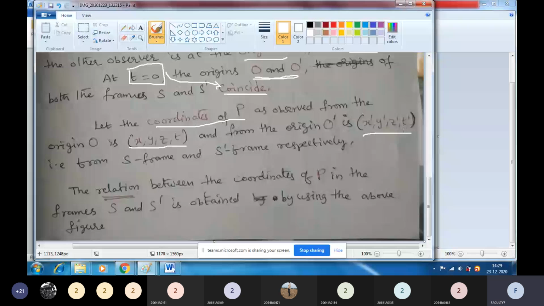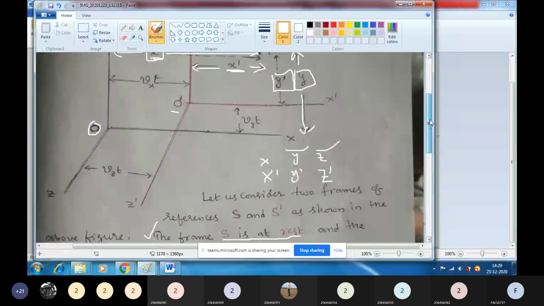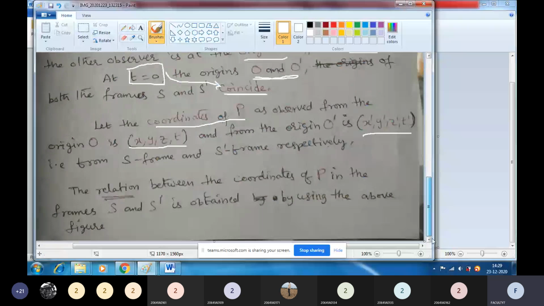Now we had got the diagram and the important points. Now what we are going to do is find the relation between the coordinates of point P. What are the coordinates we are having?